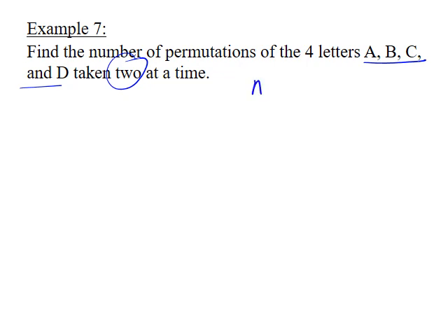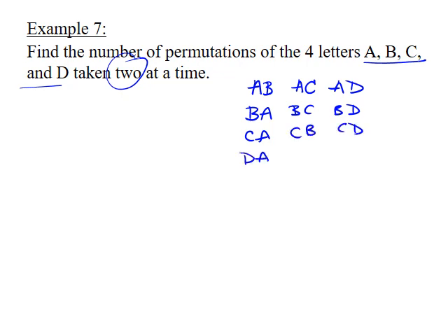Maybe I choose A first, and then B, or A first and C, or A first and D. Maybe I choose B first instead, and then A, or B, C, B, D. All I'm doing here is writing down the different possibilities. If you look at this, I have 12 possibilities. So there are 12 permutations of these 4 letters.